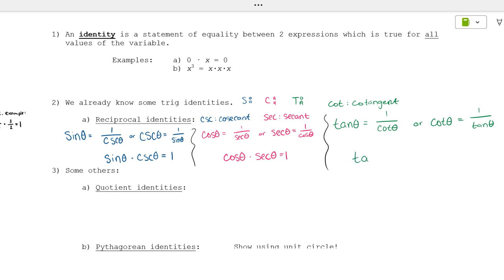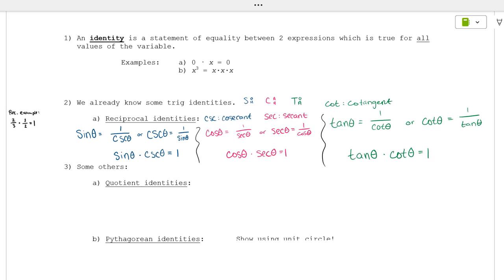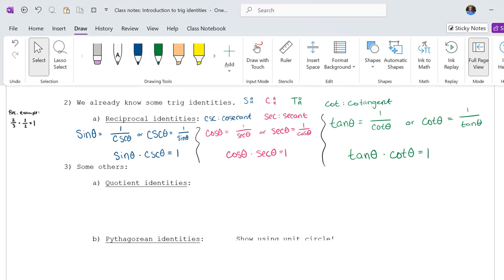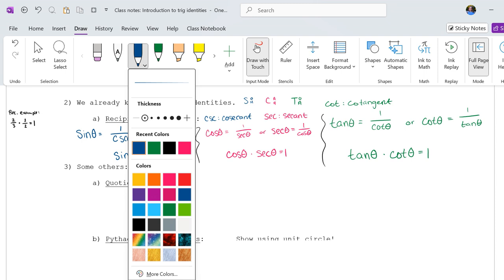And just like the others, if I multiply two things that are reciprocals of each other, they equal 1. So those are my reciprocal identities. In a minute, we'll practice simplifying with those. But first, let's go to our quotient identity.